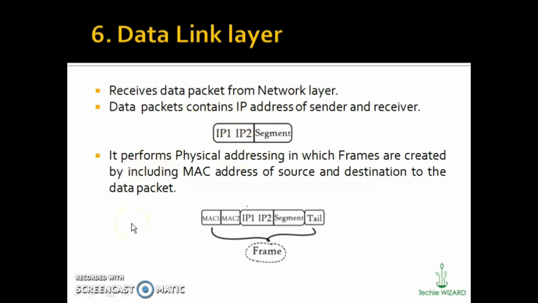This layer performs physical addressing, in which frames are created by including the MAC addresses of source and destination to the data packets. So to this IP address, which is already attached to the segment, the MAC addresses of the device also get attached along with the tail, and totally this is called a frame.